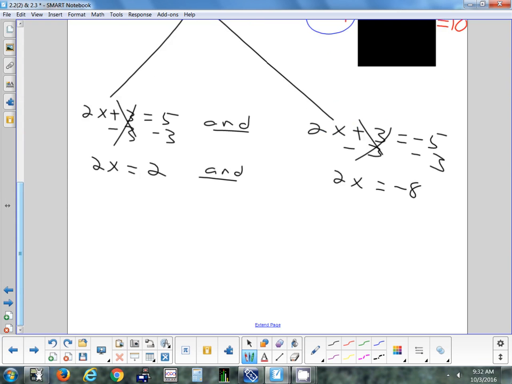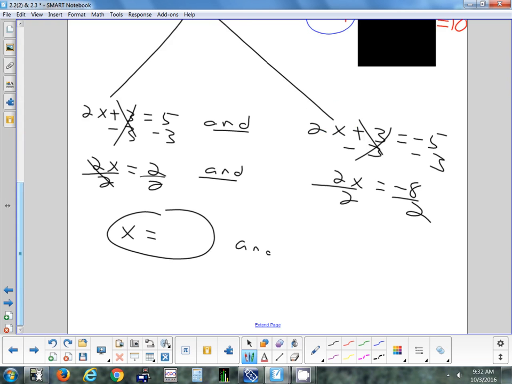And my last step, which I'll do on both sides. How about Brad? Divide by 2. Yep. Divide by 2. And Brad, what do I get for my two answers? X equals 1 and -4. Perfect. Okay. Questions on that?